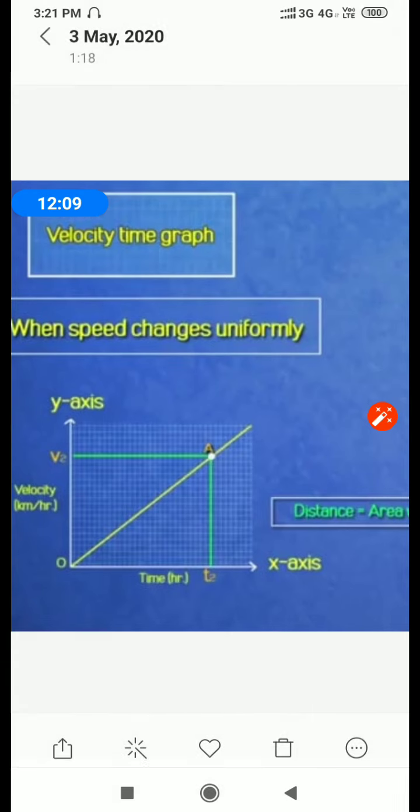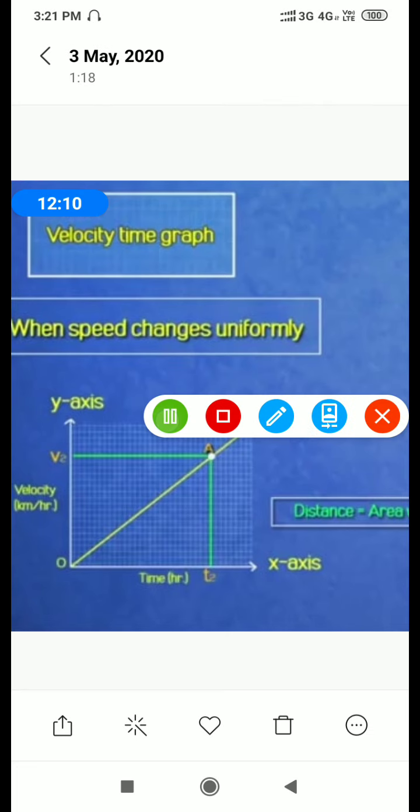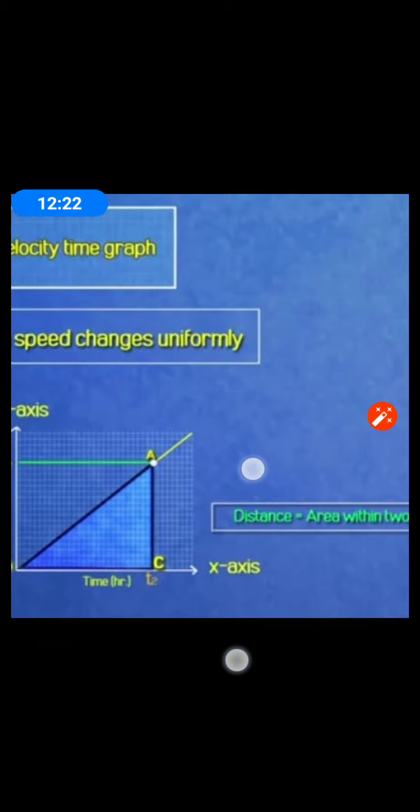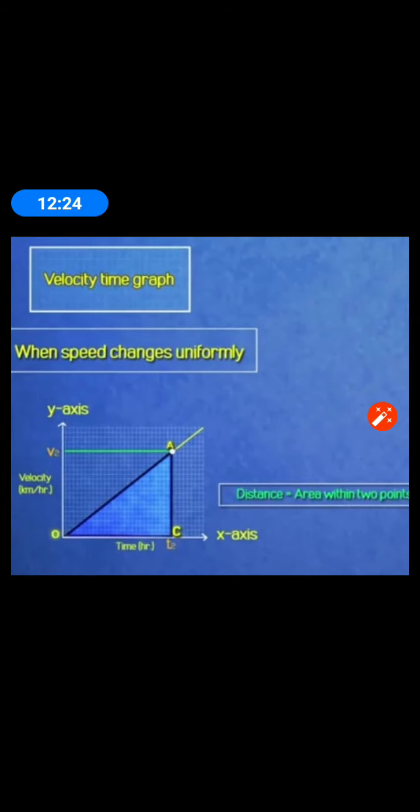Yes, to calculate the distance, we will take into consideration a triangle, that is AOT2, or we can say C. We will mark this point T2 as C. So we will take the triangle AOC, and from this triangle we will take out the area to calculate the distance between A and O. Okay, now to calculate the area, the area of a triangle is half base into height.